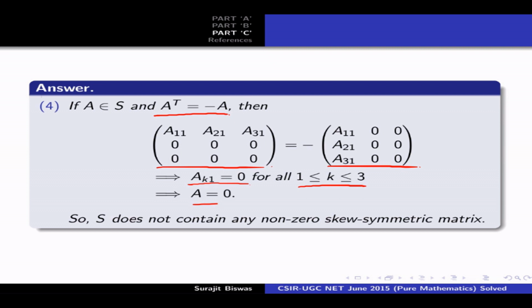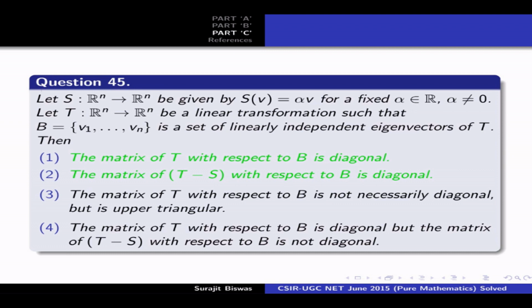Question number 45. Let S: R^n to R^n be given by S(v) equal to alpha v. This is basically a scaling of the vector or scaling of the vector space, given by S(v) equal to alpha v for a fixed alpha belonging to R, alpha non-zero.